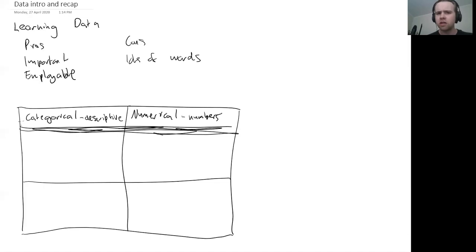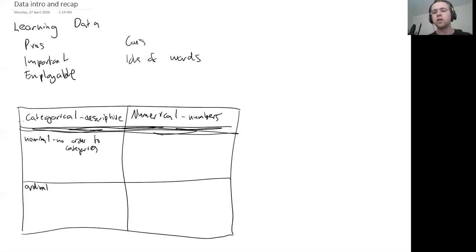So in categorical data, here are another 2 words. You can have nominal and you can have ordinal. Nominal data is just something in which there's no order to categories.